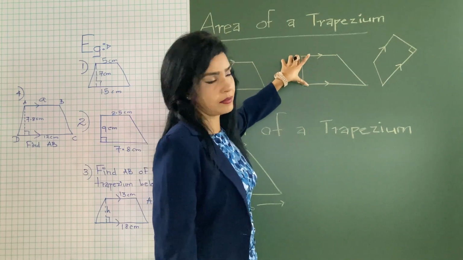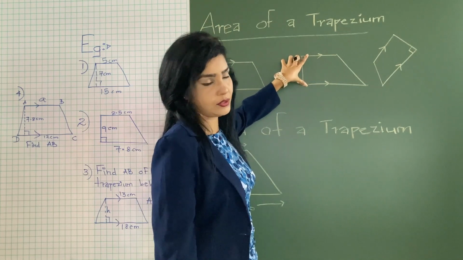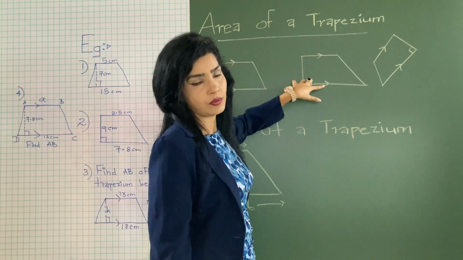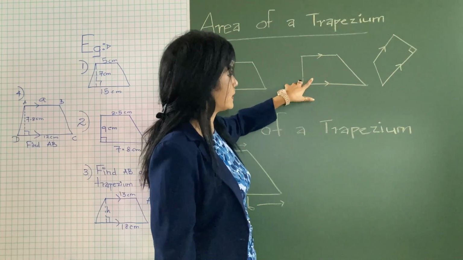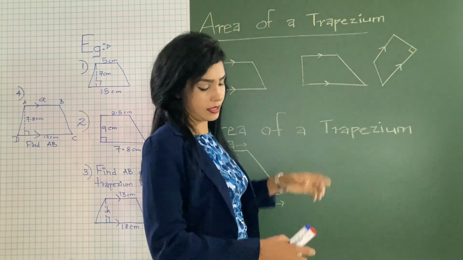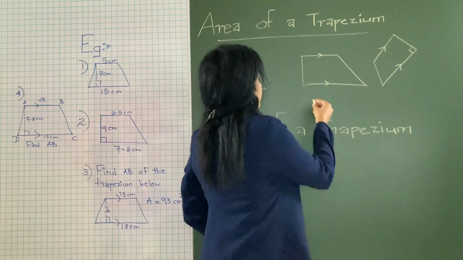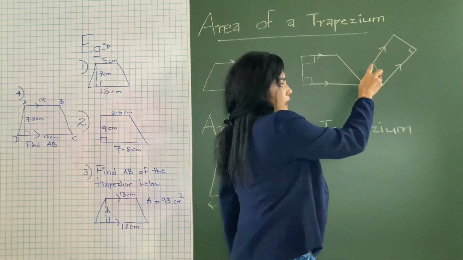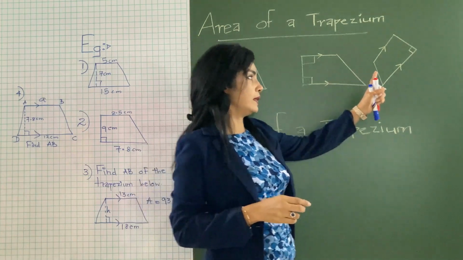As there are parallel lines here, you know that interior angles add up to 180. If one is 90, the other side is also 90 degrees. This is also the same. I have drawn it in this manner.